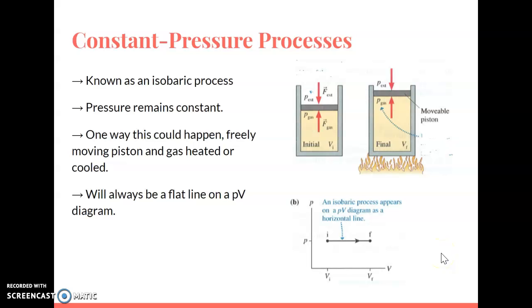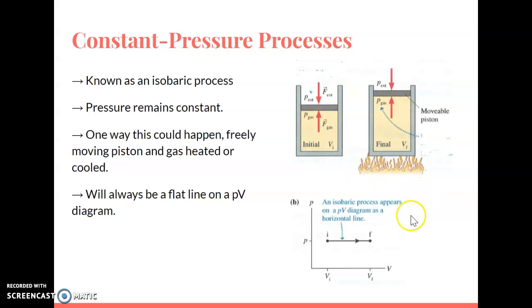The way this could happen would be if we had some sort of container of gas in which there's a movable piston. The reason that's important is that it means our container of gas can have a volume change. So our volume is able to increase while it's also heated up.